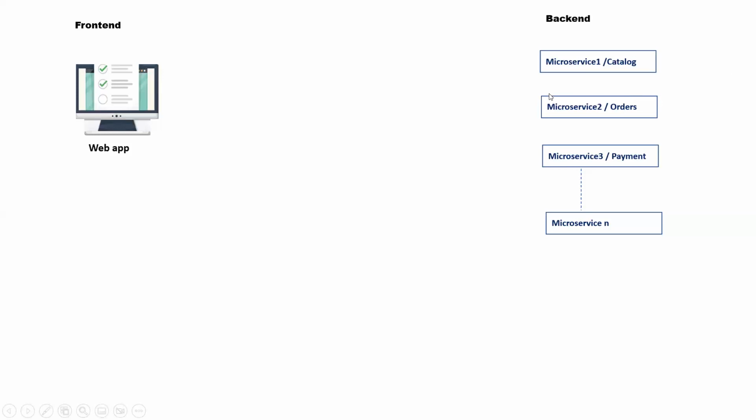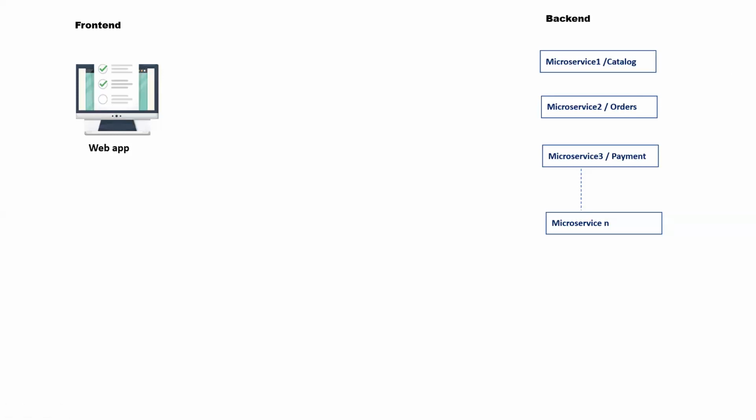To connect to these different microservices, I can use a direct connection from the web app to get the list of products from a microservice and get the response back to the front end. In addition to that information, if I want to get the pricing, I need to create another connection to microservice number two and get the price back.